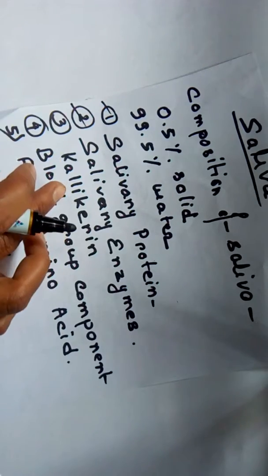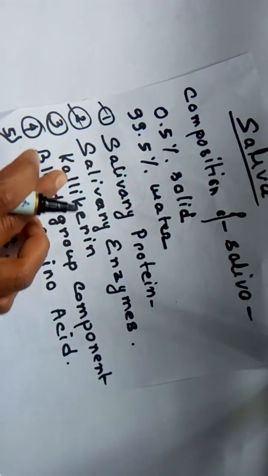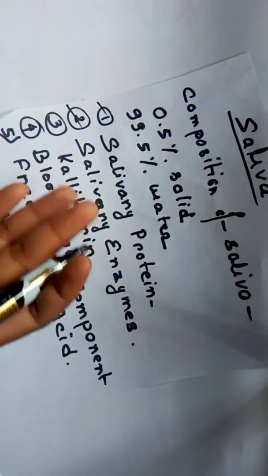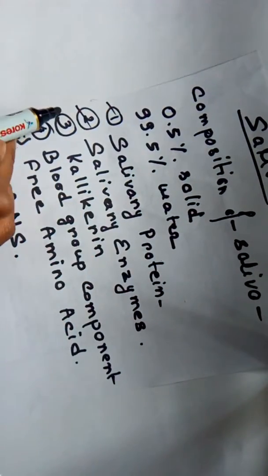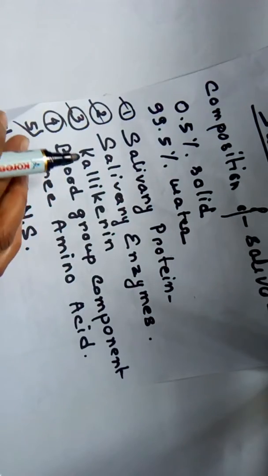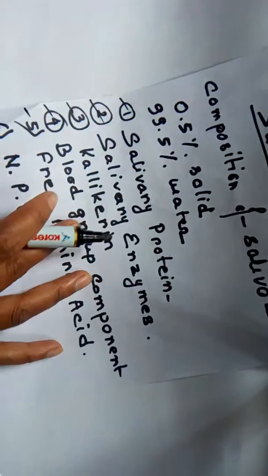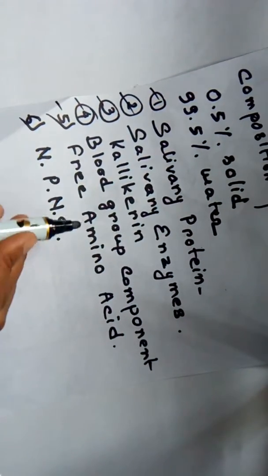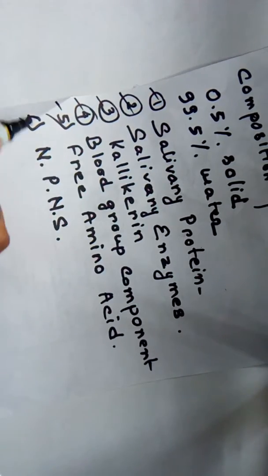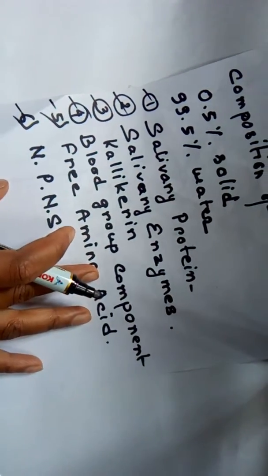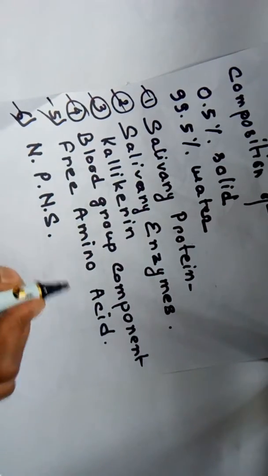Kallikrein is the enzyme necessary for bradykinin production. Blood group components are antigens. Non-protein nitrogenous substances are like urea and uric acid. Now we have discussed the organic substances present in saliva.